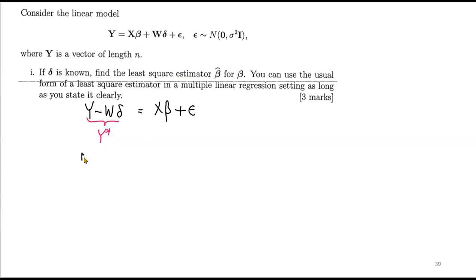To do that, we solve the problem: we want to minimize the residual sum of squares. That is how the OLS works with respect to beta here. And so that is the same as saying minimize, or argmin, it's up to you, over beta. This is the residual sum of squares, written in norm notation.